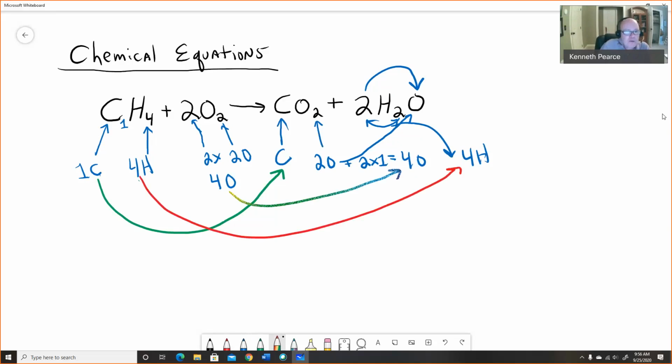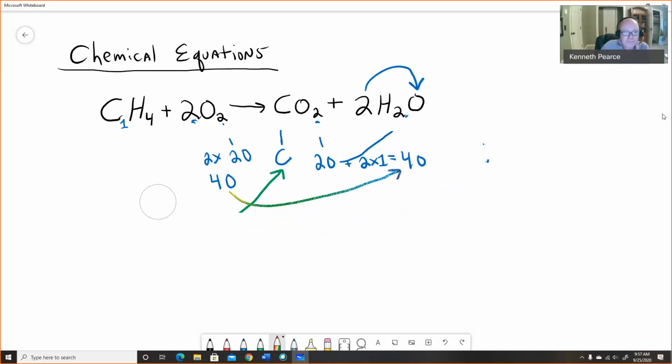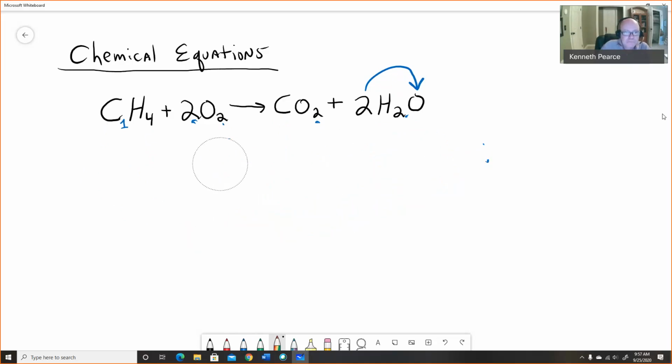Okay? And so that's one feature, and we have to be aware of what it means when we have those subscripts behind the different molecules. That tells you how many atoms we have for each one. Now, as we look at this equation once again, after I erase my arrows, there's some key features. One is that it has the same number and same type of atoms on both sides.